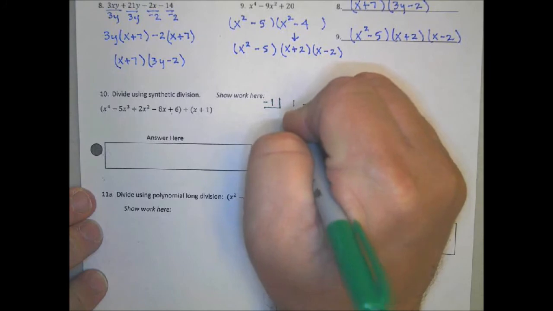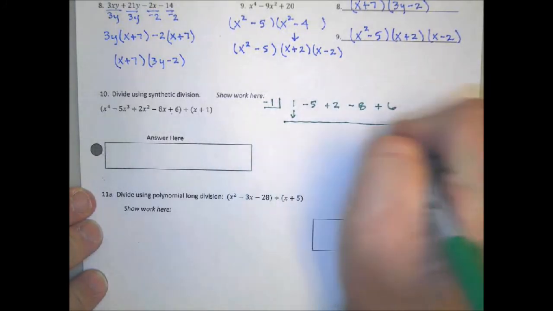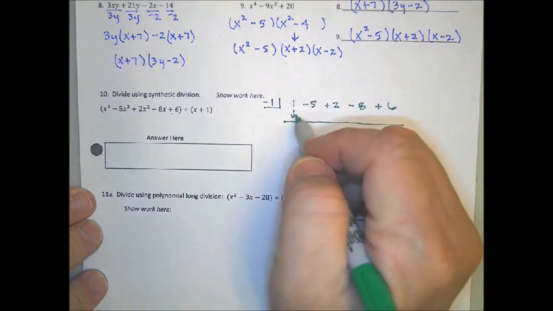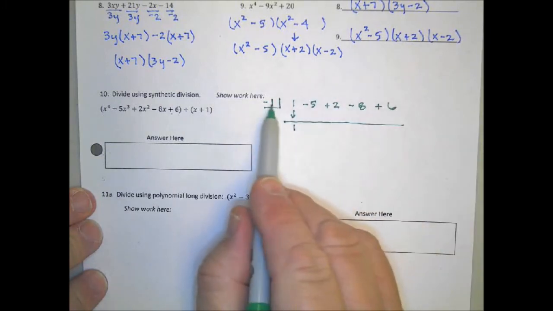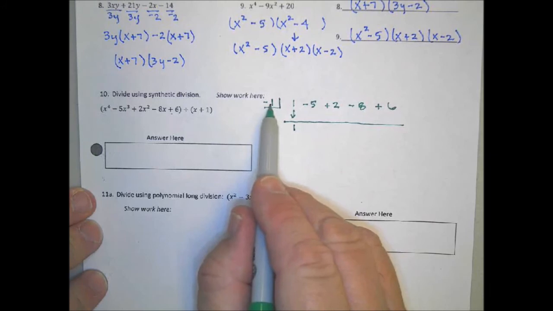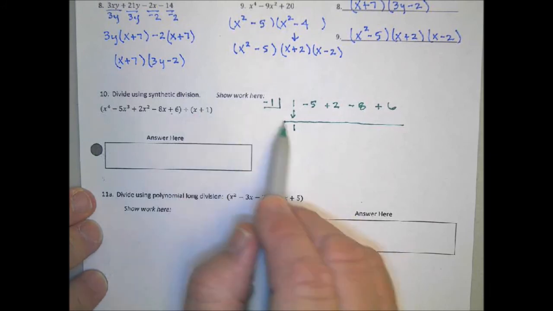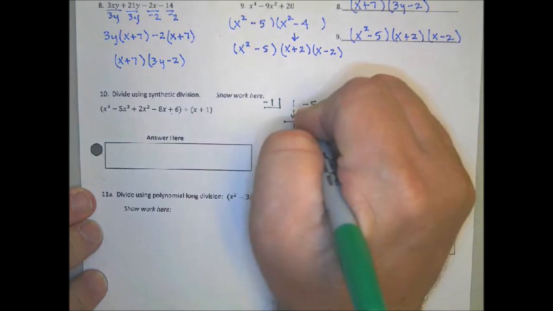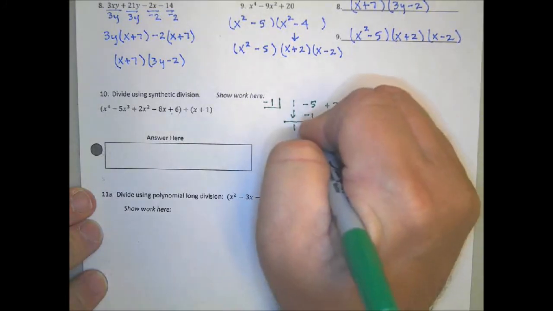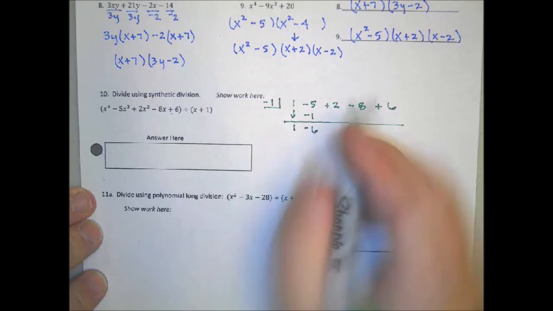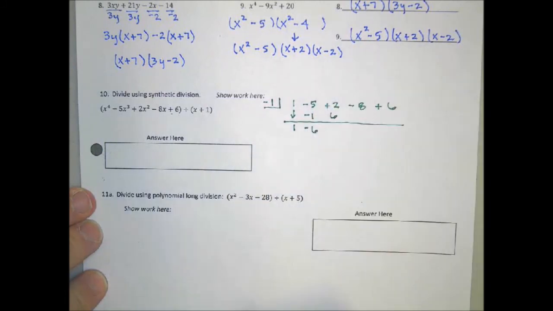And really that's what it is. It's a process. The first leading coefficient just simply comes straight down. And then the 0, which is -1, because of x plus 1, -1 times 1 is -1. Combined like terms, that would be -6. -1 times -6 is +6.